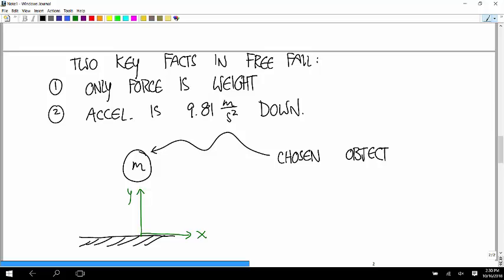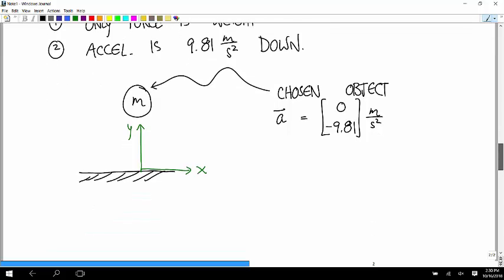And so in components, what's its acceleration? It's 0 for x, and then negative 9.81 meters per second squared. The mass is m, and we don't know anything about the force, so I'm going to write that. So here we go to Newton's second law.